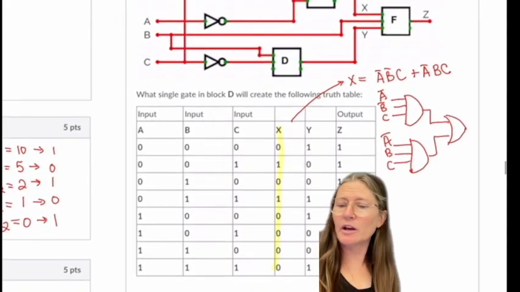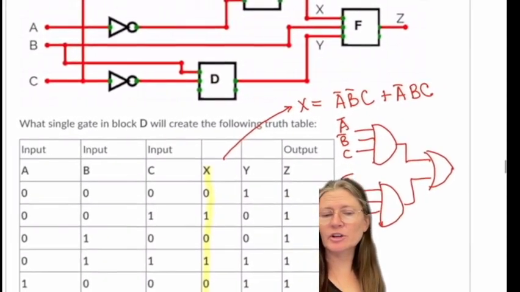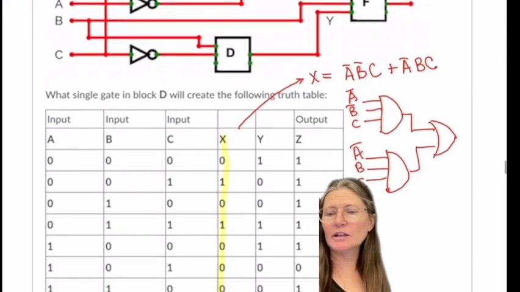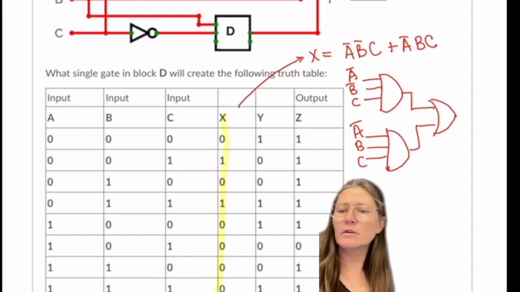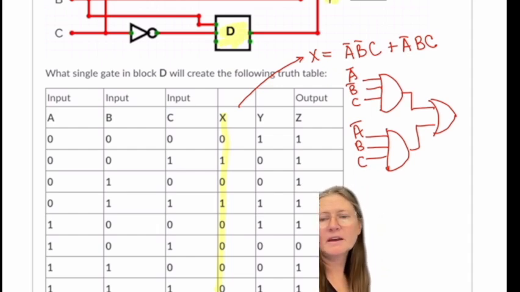This one asked what single gate in block D will create the function for y. So what would this need to be? It has input of B and C bar.